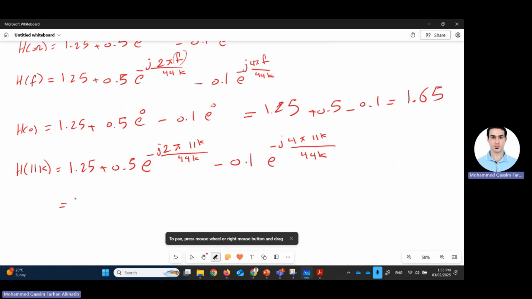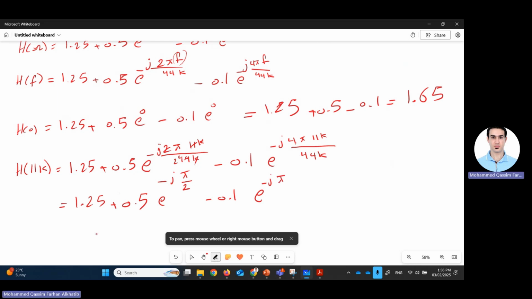Let's do some simplification. 2 times 11 is 22 over 44, so that's 1 over 2, so the exponent is minus j pi over 2. And 4 times 11 is 44, and 44 cancels, so it's minus j pi alone.